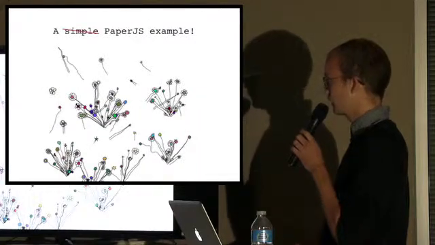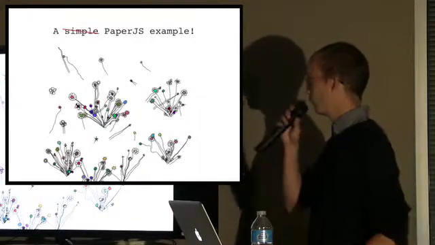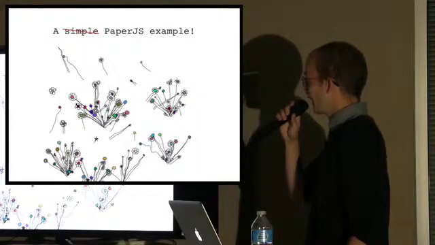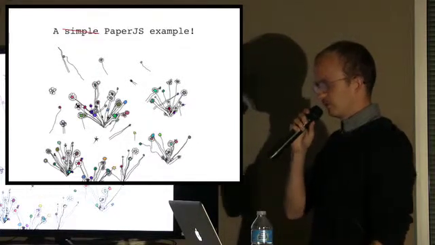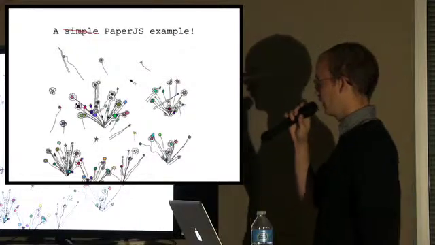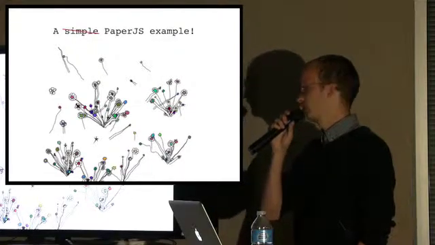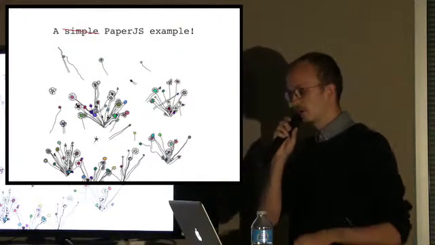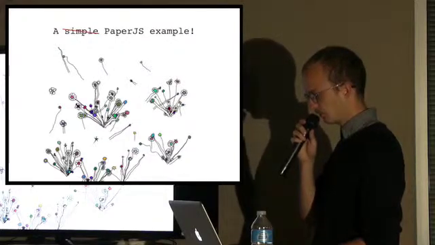So I wrote a simple example called Fugly Flowers, which uses this preset idea, and also uses some Perlin noise to make the shapes look hand drawn, which I'm going to show you now.